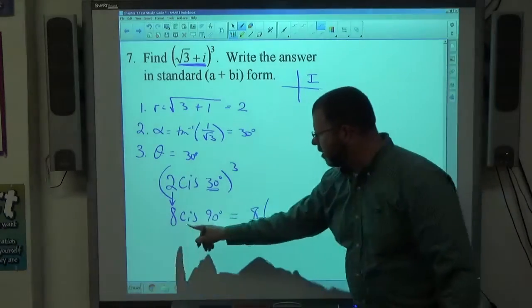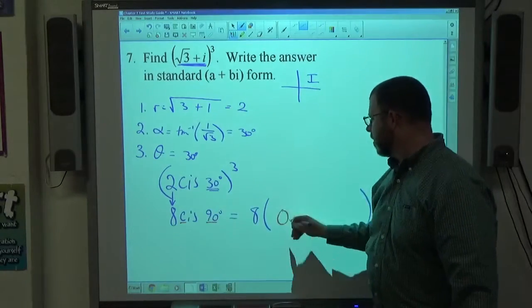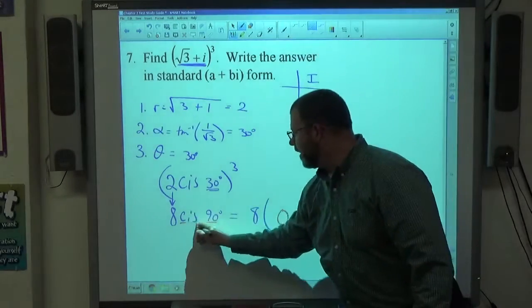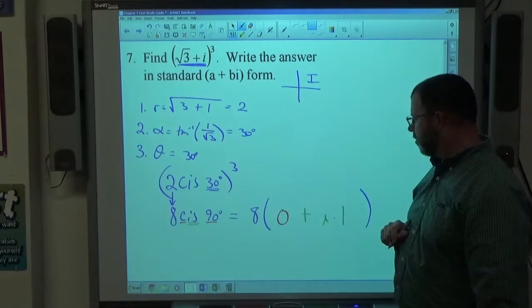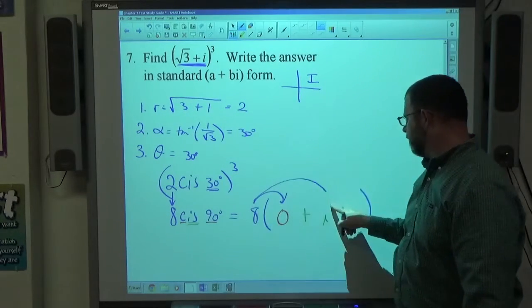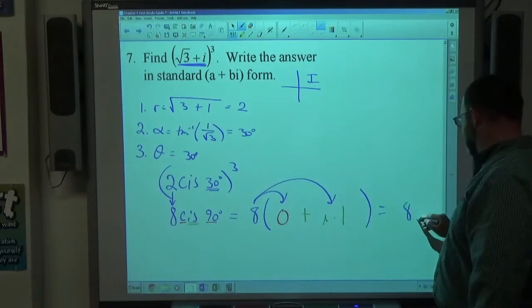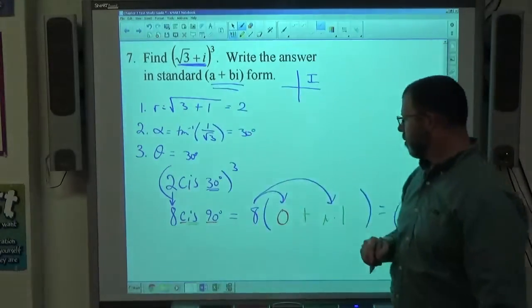Recall that CIS stands for cosine of the angle. Cosine of 90 is 0 plus i sine of 90. Sine of 90 is 1. And then if I multiply that through, 8 times 0 is 0, 8 times 1i is 8i, so the answer is 8i.